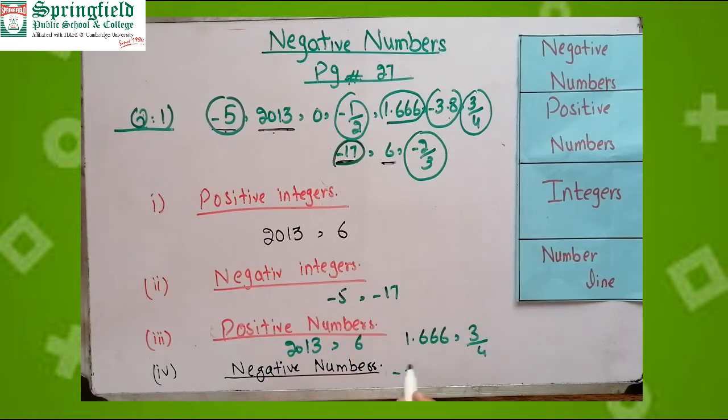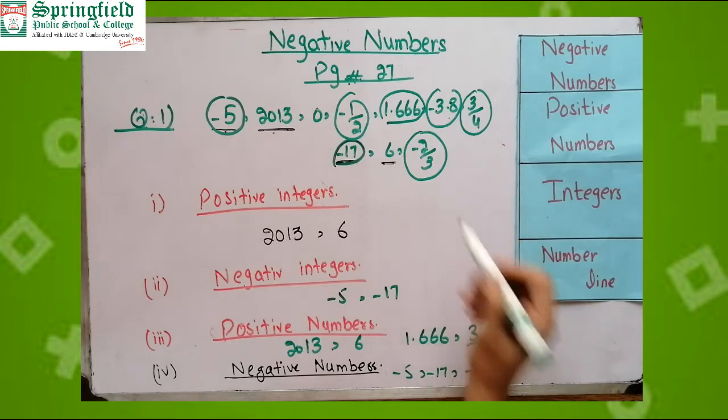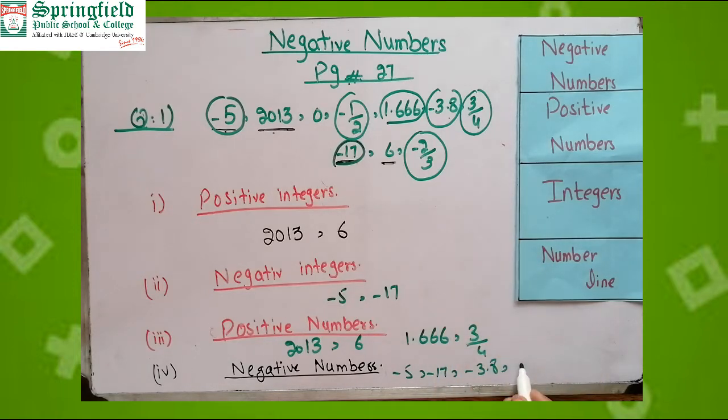So we can write minus 5, minus 17, then minus 3.8, then minus 2 by 3 and minus 1 by 2. So these are called the negative numbers. Understood, beta? Okay.